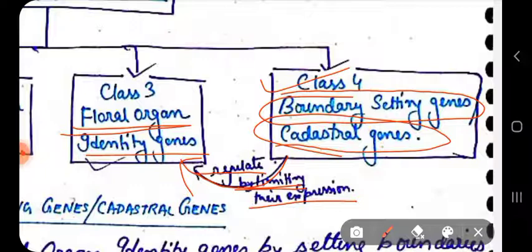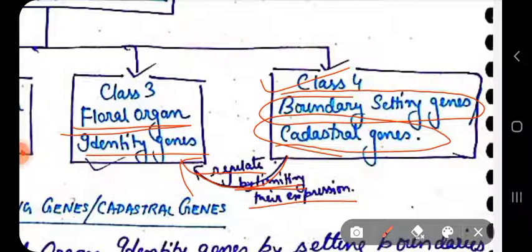They regulate the floral organ identity genes by setting up certain boundaries for their expression, thus controlling the correct distribution of the floral organs.